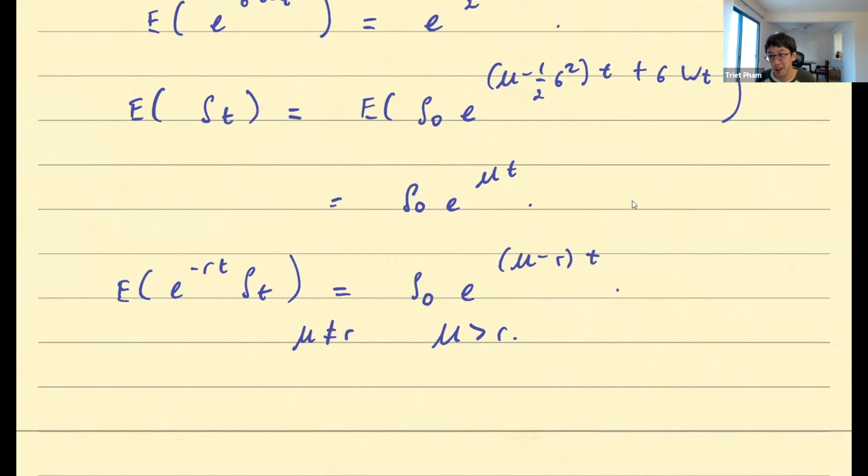So if the return of a stock is lower than the risk-free rate, no one would even buy that stock to begin with, and that shouldn't exist in the market anyway. But the point being, in general, this will be different from S0, not to even mention that it's bigger than S0. So from the point of view of pricing, this is not the risk neutral pricing, because risk neutral pricing says this is equal.